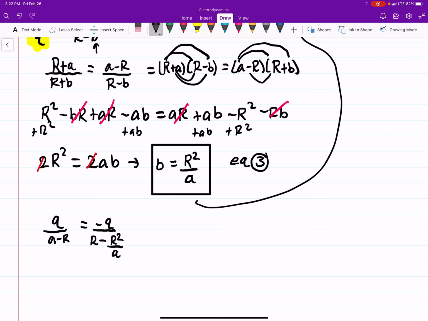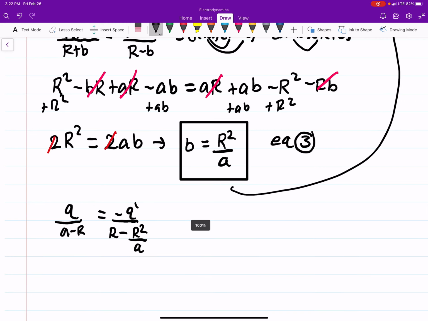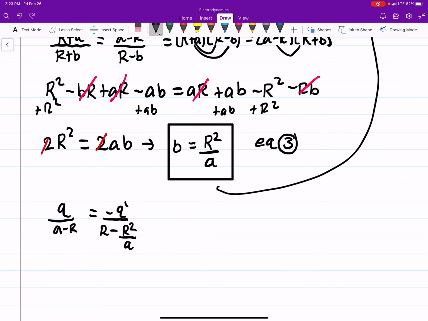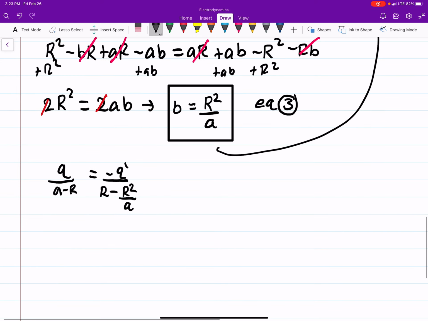Now, why am I doing this? Well, now I can get a relationship between Q and Q prime. We are also given the equation for Q prime. You didn't really need to know that for this problem if you wanted to just use it, but again, it helps me. So we can cross multiply, of course, and what do we get?